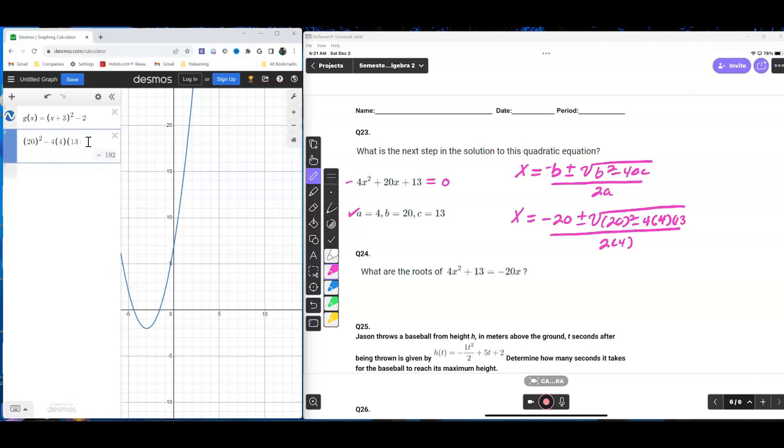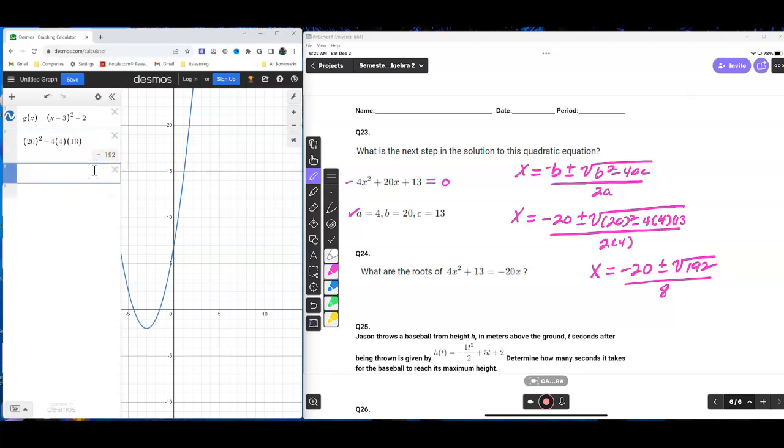So it's 192. So X equals, and I'm going to double check that. So you have 20 squared minus 4 times 4 times 13, okay. So it's going to be negative 20 plus or minus square root of 192 divided by 2 times 4, which is 8.